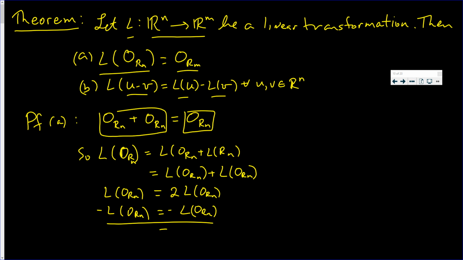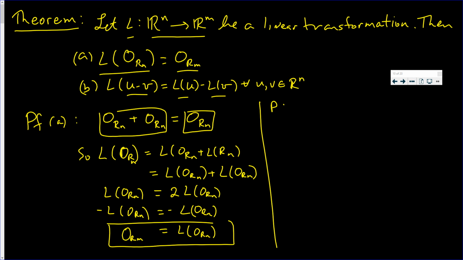And the left side leaves you with 1 L of v sub n, and the right side, left side equals 0. The 0 vector. But this must be in the image space. It must be in Rm. So I prove that.